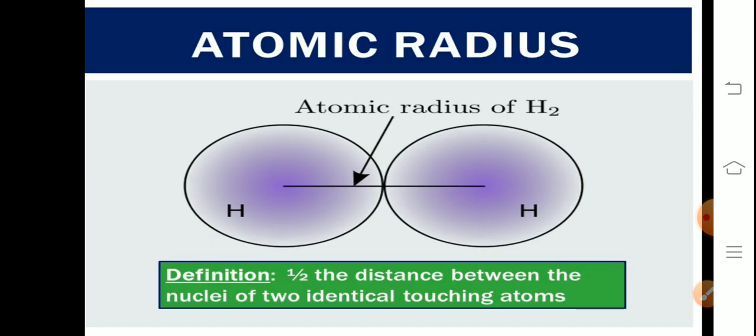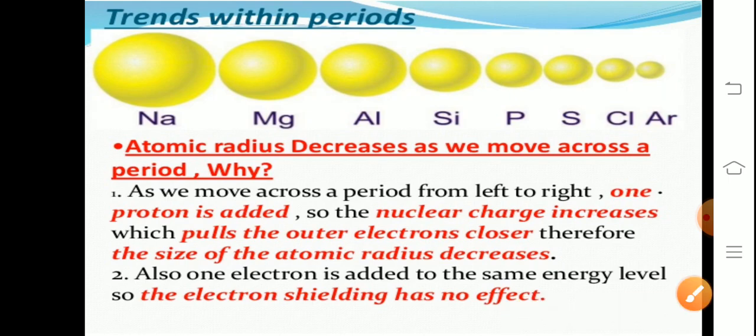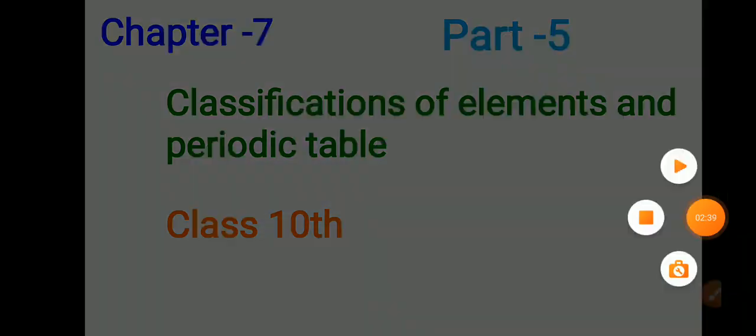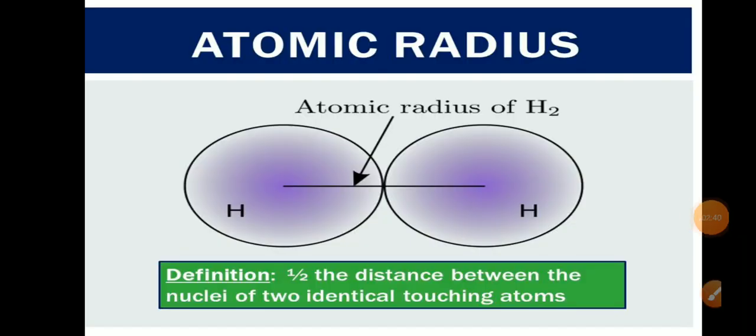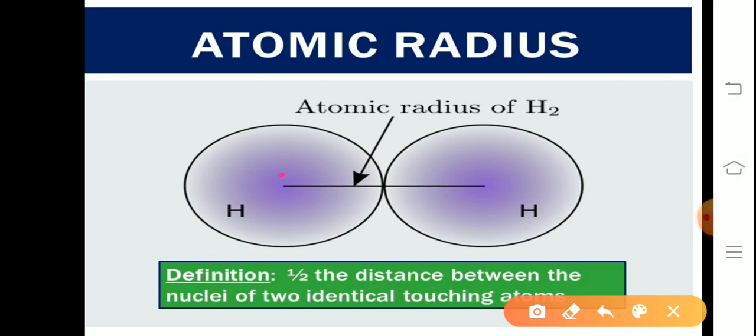Before that, here is an example: the atomic radius of hydrogen. Here hydrogen is nothing but the hydrogen molecule H2. The atomic radius of a molecule can be defined as half of the distance between the nuclei of two identical atoms.